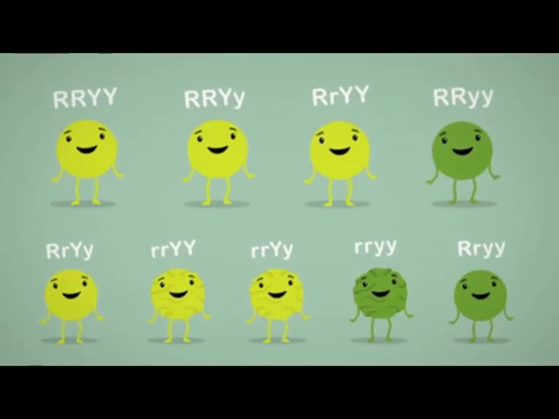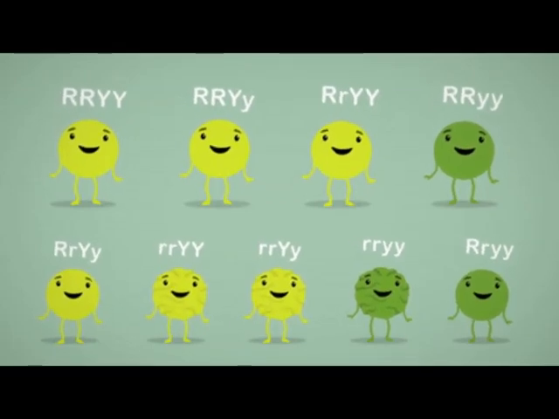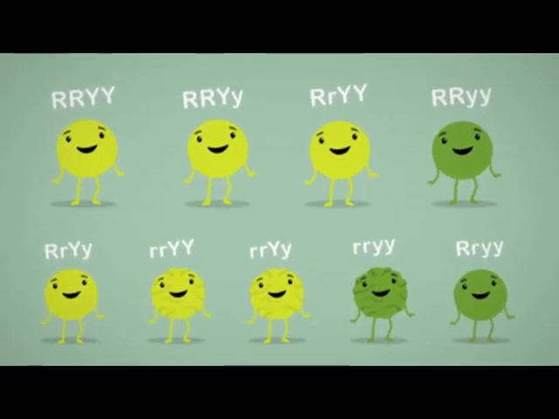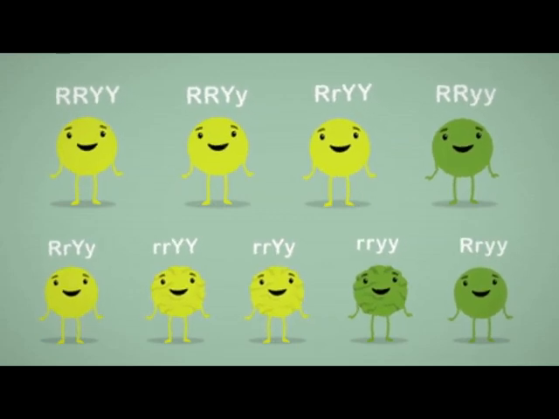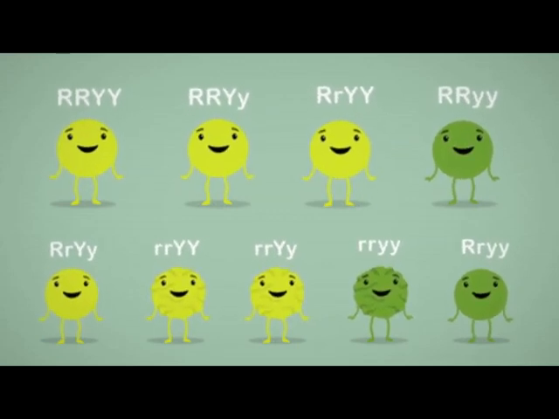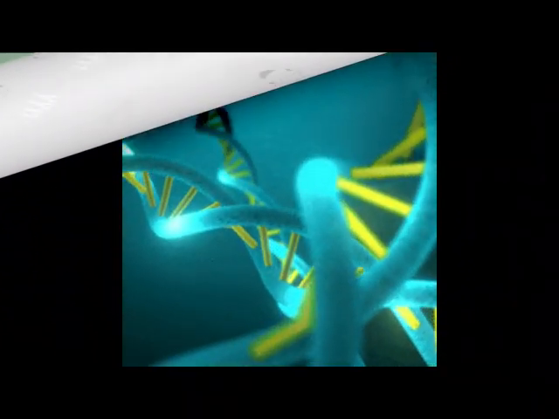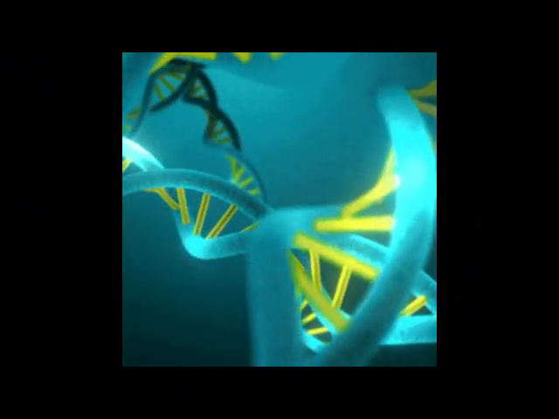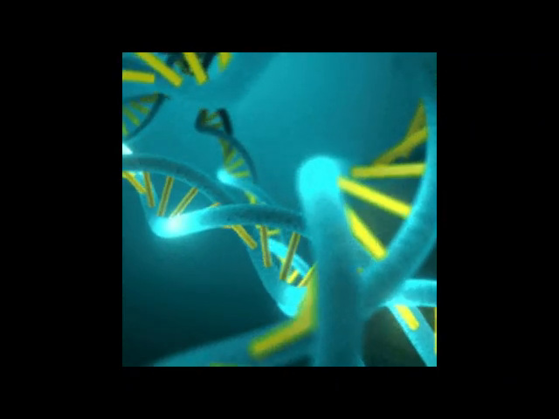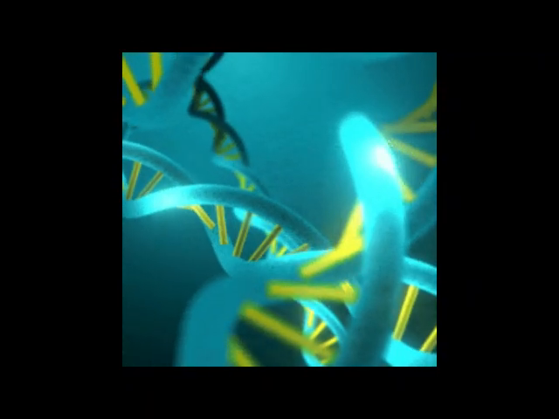Mendel interpreted on the basis of these conclusions. He postulated that there are a pair of unit factors controlling each character in pea plant, one inherited from each parent. Mendel considered these factors as the carriers of hereditary information from one generation to another, that is, from parents to the offspring.